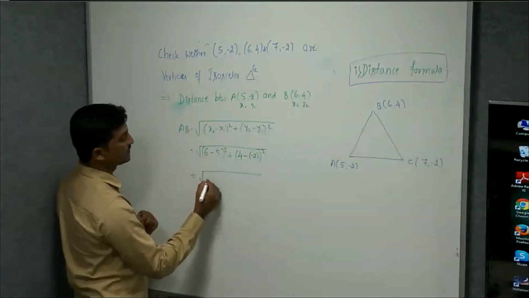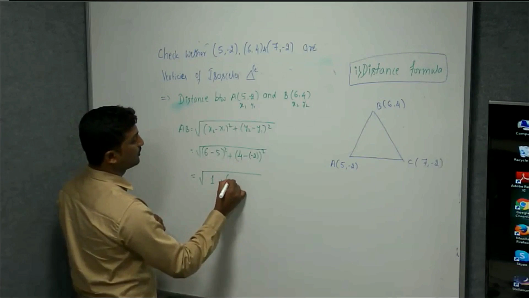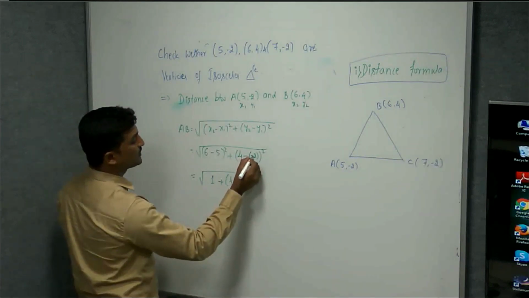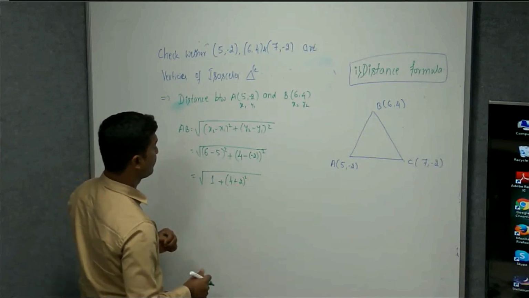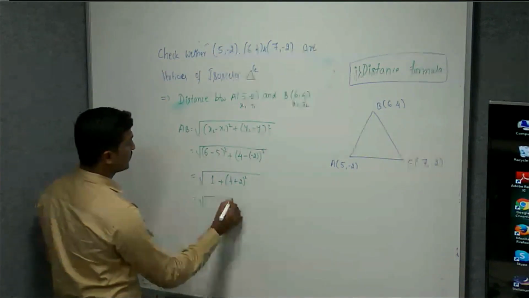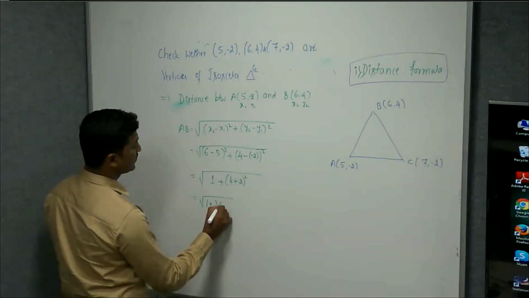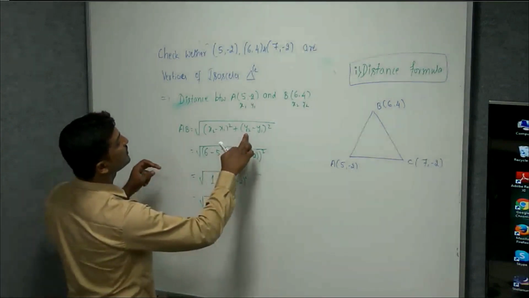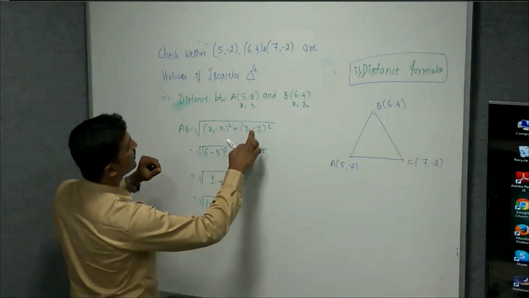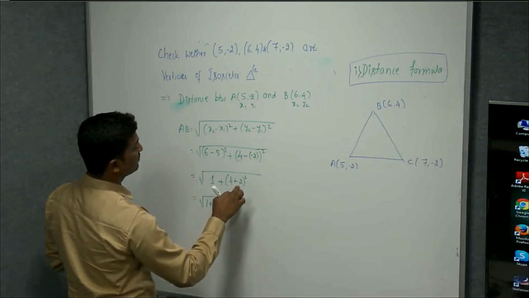6 minus 5, that is 1. 1 square is 1. Now 4 minus of minus 2, minus into minus will become plus, 2 whole... that is 6, and 6 square is 36. Right? Once again I will verify. This is y2, 4, minus y1, minus 2. So minus of minus will become plus.